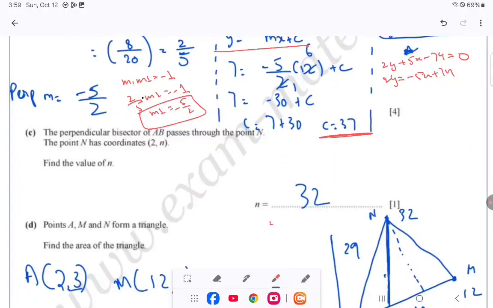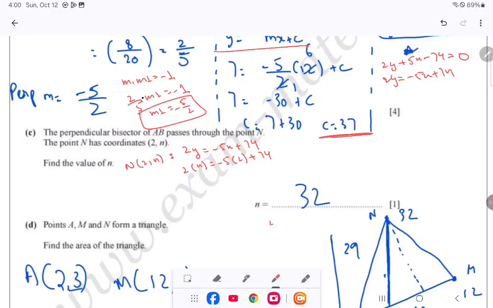Now what they are saying is that the perpendicular bisector of AB passes through the point N. The point N has coordinates (2, n). We have just calculated the equation of the line perpendicular to AB, which is 2y is equal to negative 5x plus 74. We just have to put in the coordinates of N, (2, n). So y is our n, x is our 2, and 74 as it is.